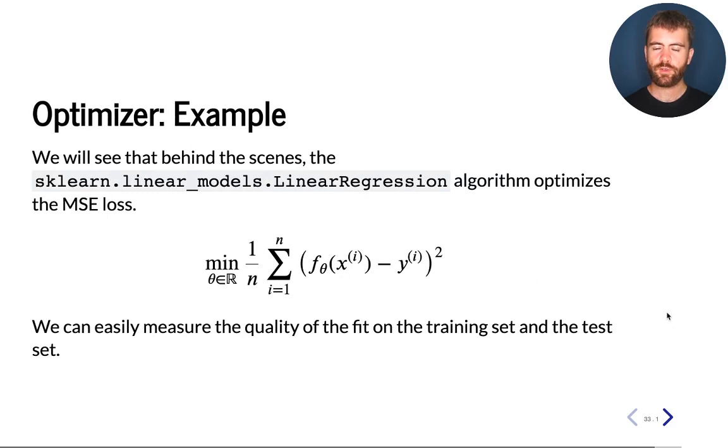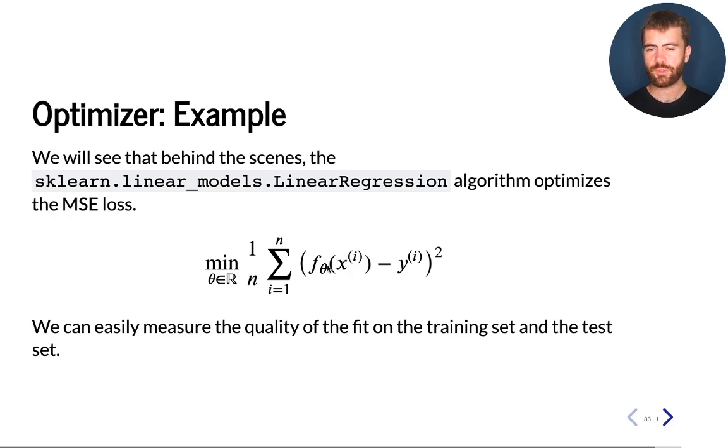Now, there are many ways in which this process can be performed. We will see a few practical ways of optimizing models starting in the next lecture. But just to give you an example that we have seen before, when we were invoking the linear regression algorithm within the scikit-learn linear models library, this algorithm was implicitly using an optimization procedure to solve the following optimization problem. So here is an example of an optimizer, and then there is a particular approach to optimizing this problem that is implemented in linear regression.